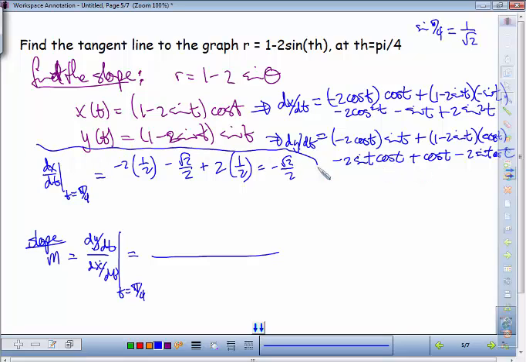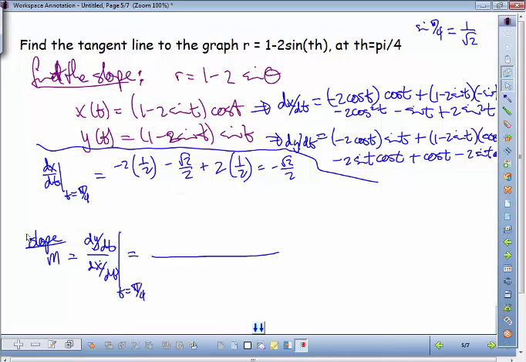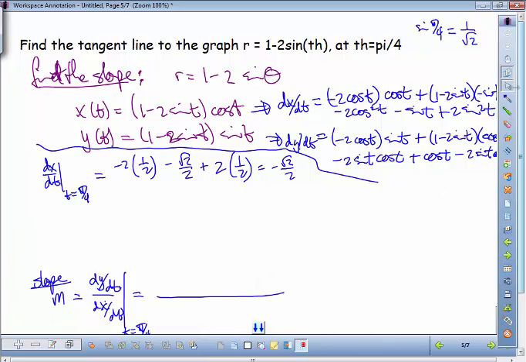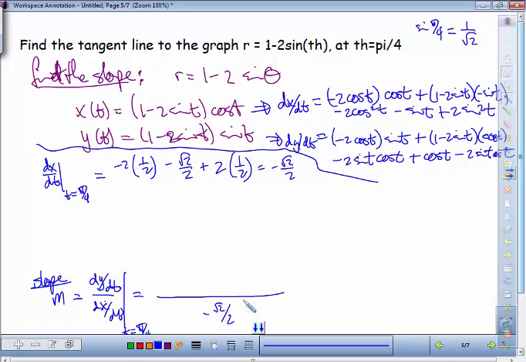Okay, so that goes in my denominator. Right? That dx dt goes in the denominator. dy dt goes in the numerator. So let's do that over here.